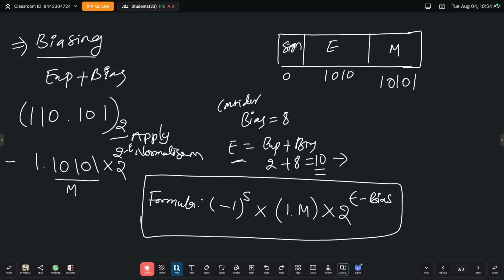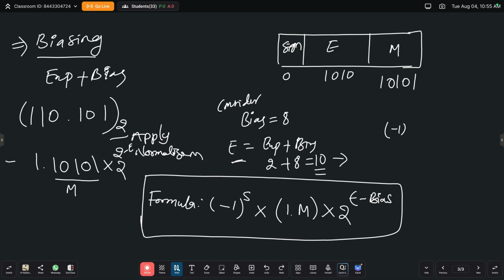See this. What have we written? Sign is 0. Mantissa you got from your conversion, and for exponent, what you have to do? Bias plus exponent. Yes or no? So that is 10. So the representation of 10 is 1, 0, 1, 0. Just apply it. Are you getting the same or not? Now what is minus 1 power s?